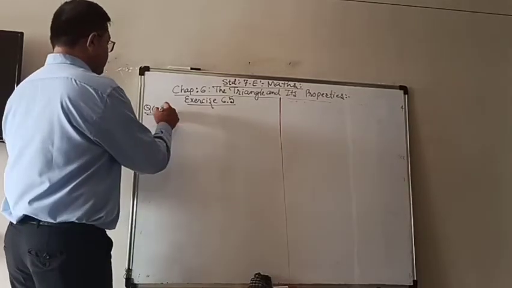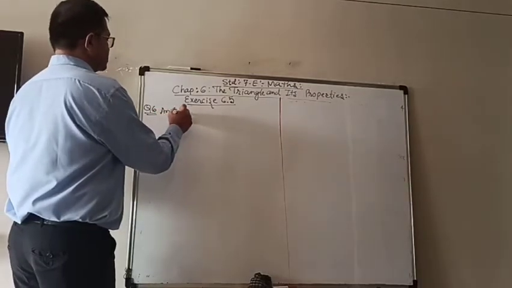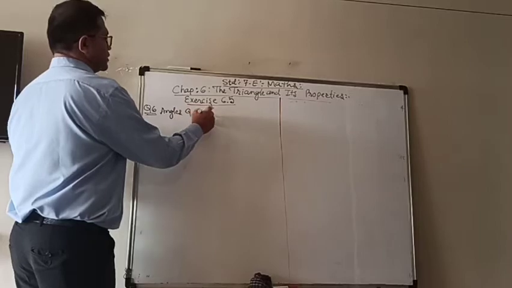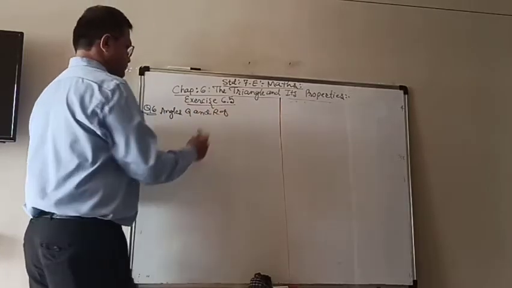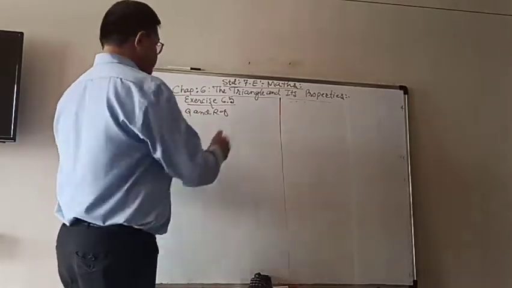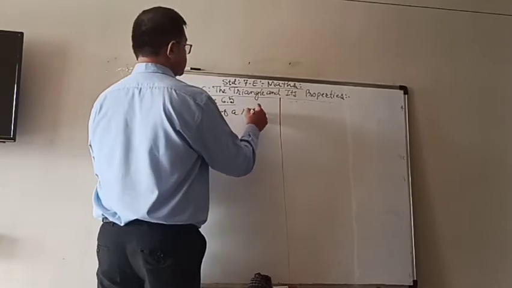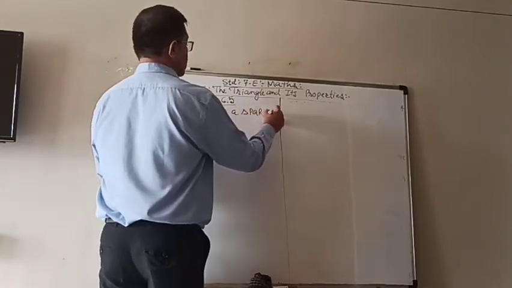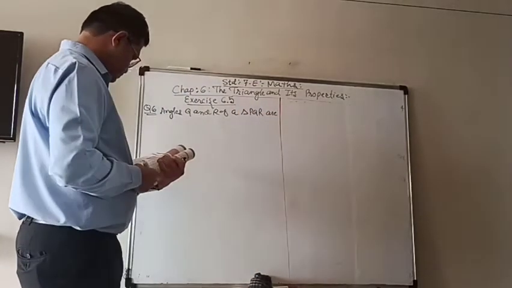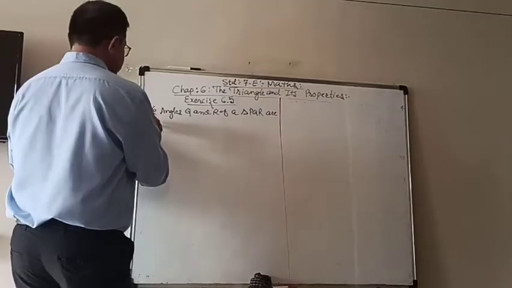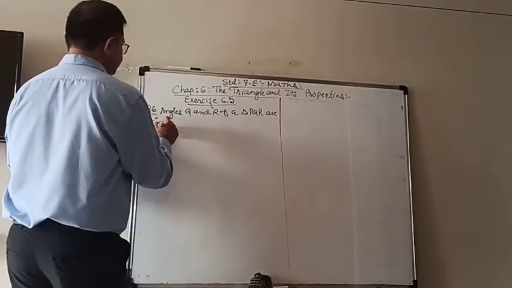Angles Q and R of a triangle PQR are 25 degree and 65 degree.